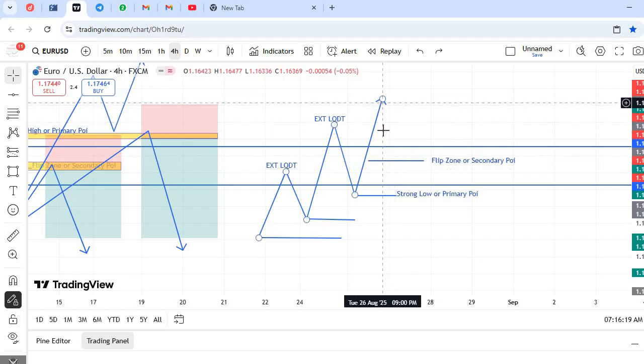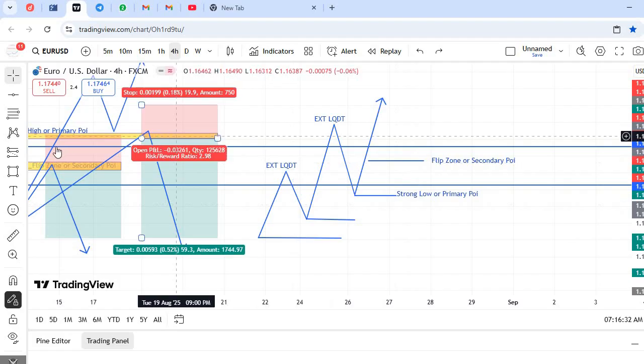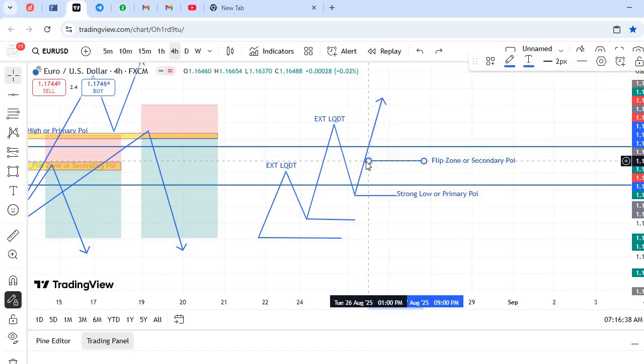So now we want the pullback to come cross this 0.5 and either get here or to this low. So we are either buying from 50% below. Understand? Since we have these two levels here, it is good that at least you have two levels ahead.